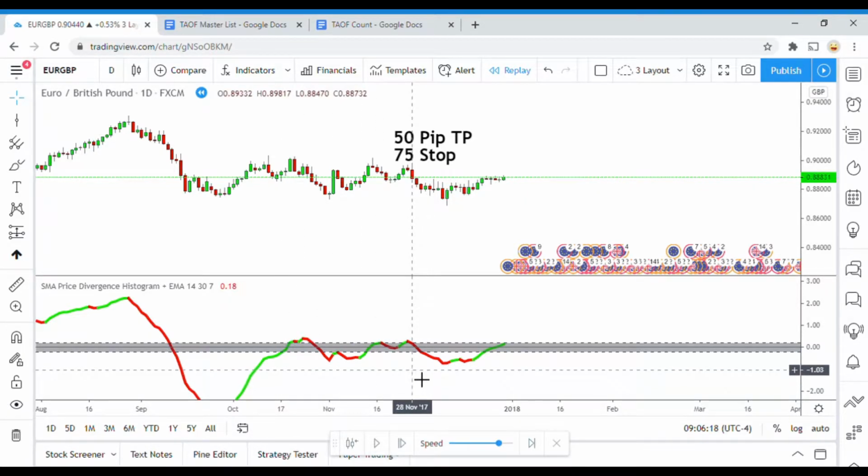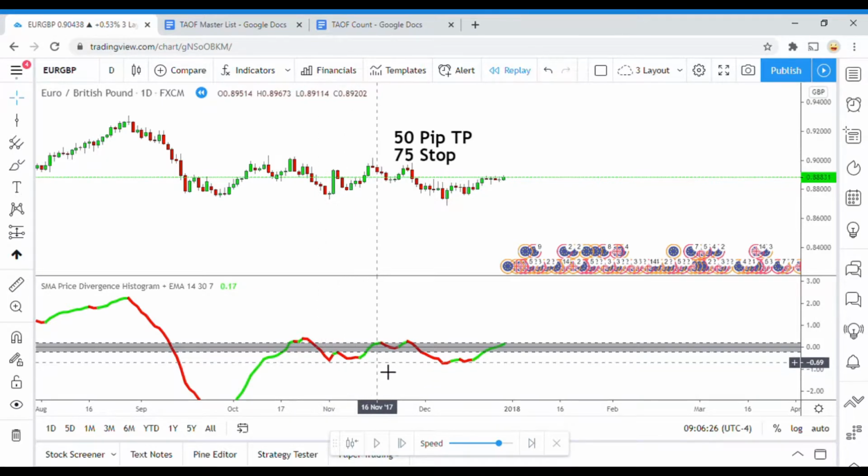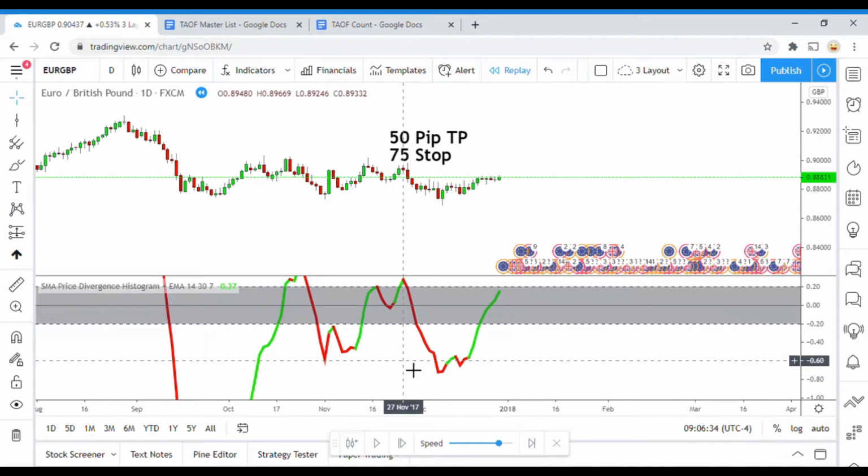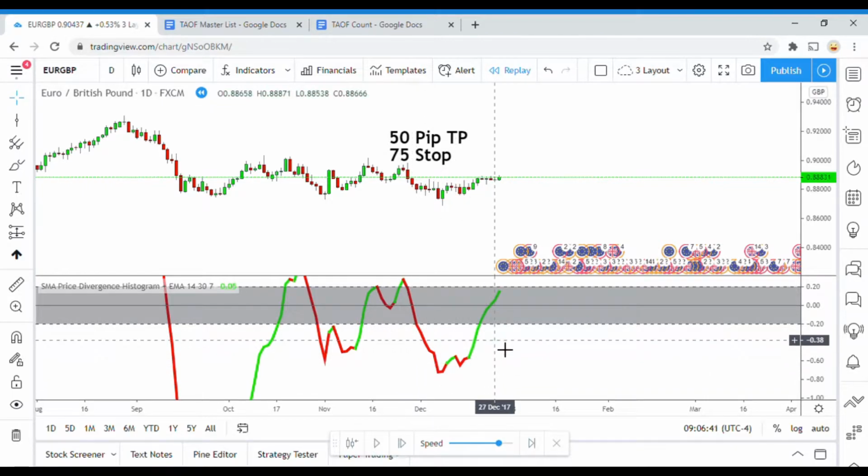Or if there is no trade taking place, let's see if I can find an instance of it. Can't quite, well, I guess right here. No, because it switched.